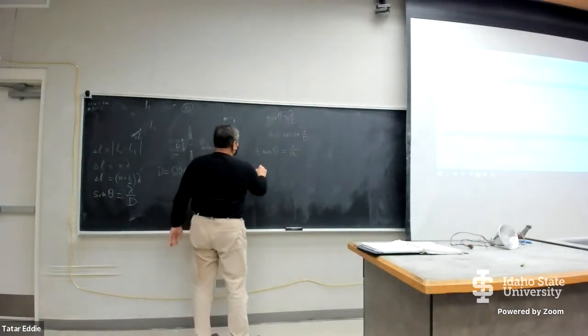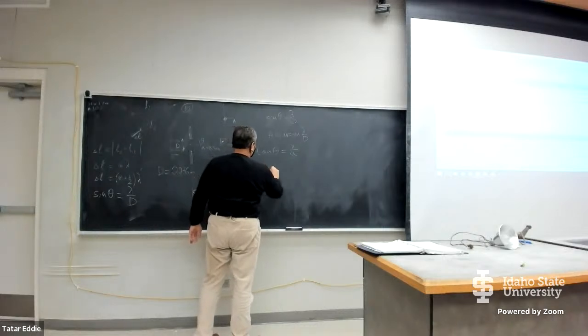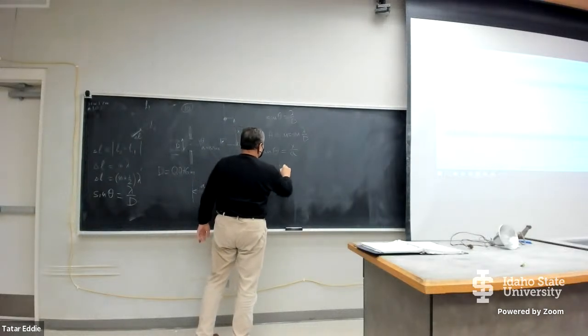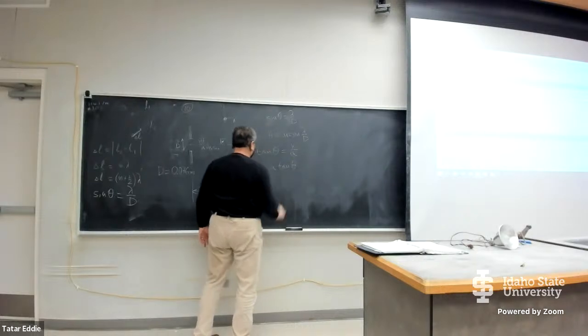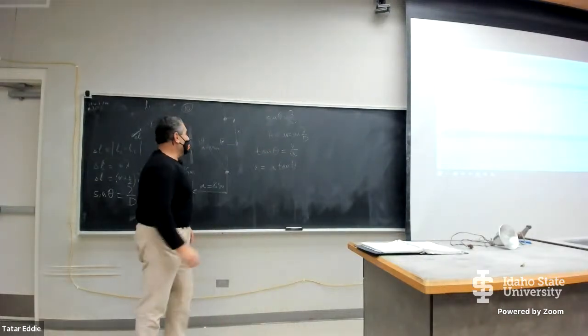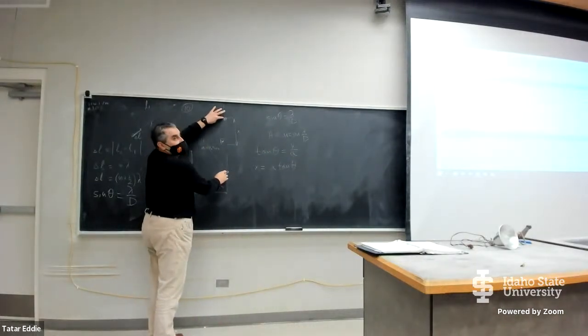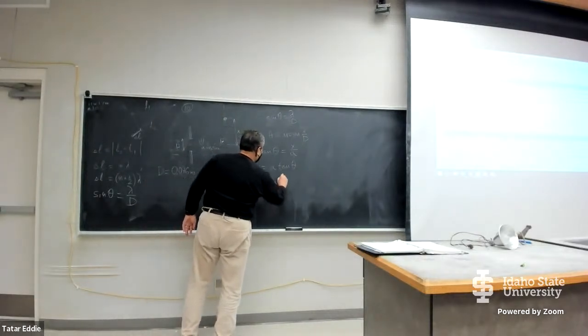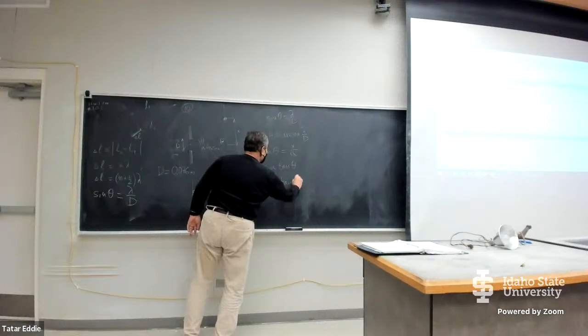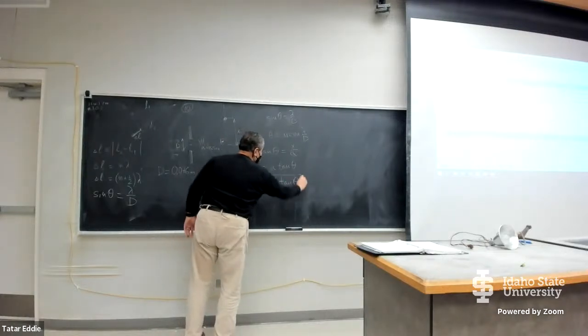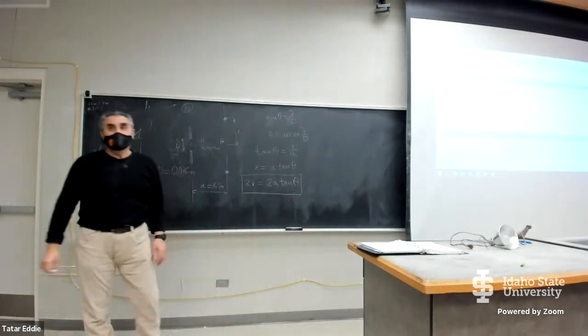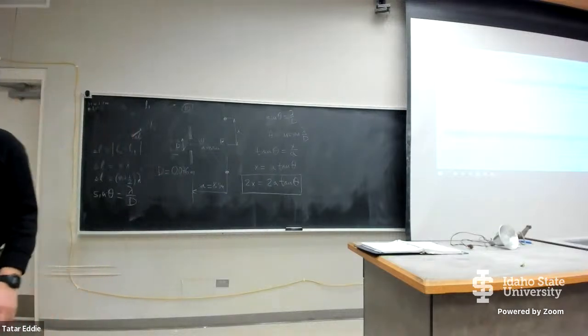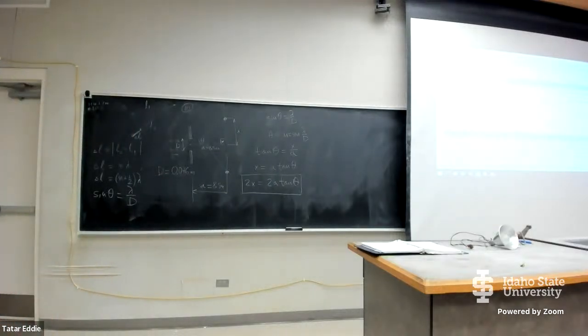In other words, the distance x is going to be equal to a multiplied by tangent of the angle theta. And WebAssign wants you to double that distance, so you have 2 times x is 2 times a tangent of the angle theta. This should be the answer for the problem.